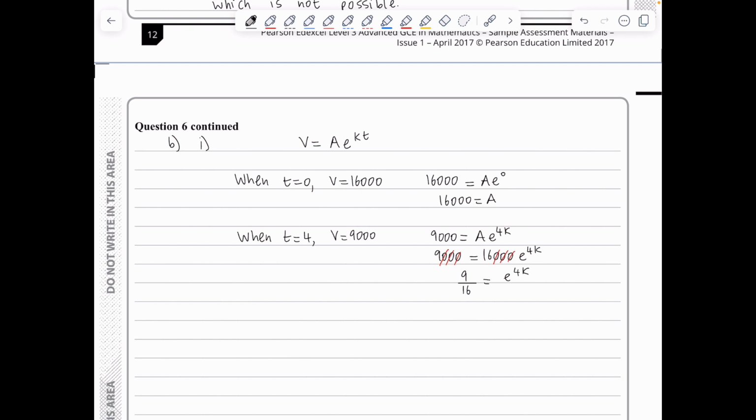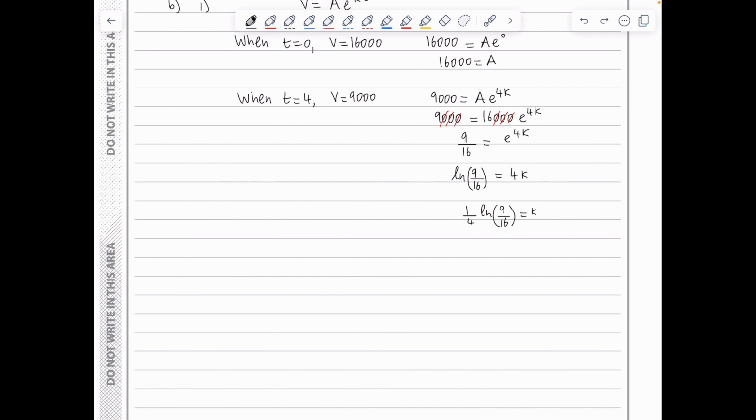I will take ln of both sides, leading to ln of 9 over 16 is equal to 4k, and therefore a quarter ln of 9 over 16 is the value of k. Well, the question was asking for a possible equation for the model, so we need to provide an equation for the model. So V is 16,000 times e to the quarter ln of 9 over 16 times t.